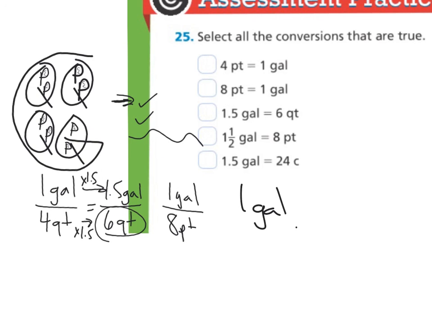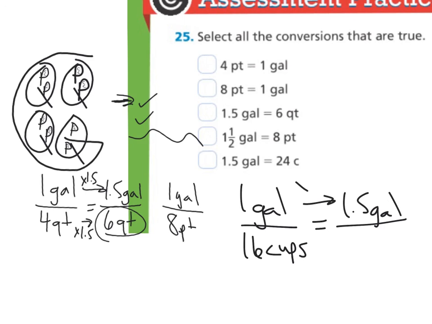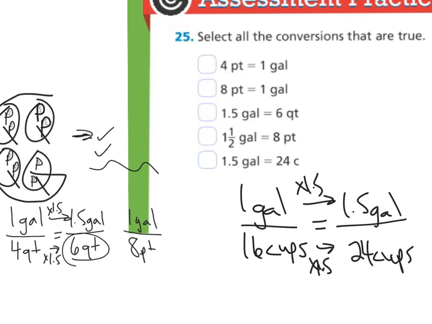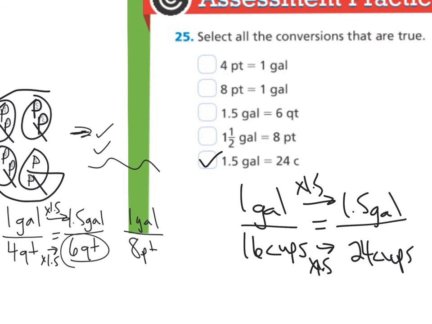So if 1 gallon is 16 cups, we have 1.5 gallons, that'd be 1.5 times as much. And if you multiply that, that would be 24. So that works also. I lost my check marks there when I was moving things around, but these would be the 3 that would work. So this gives you an idea of how to convert customary units.